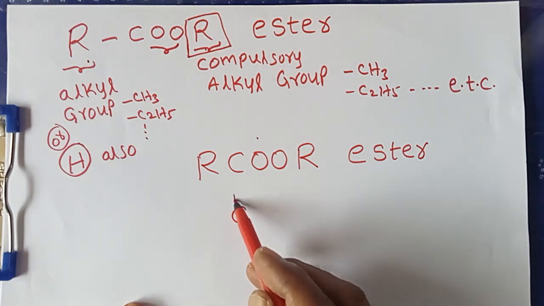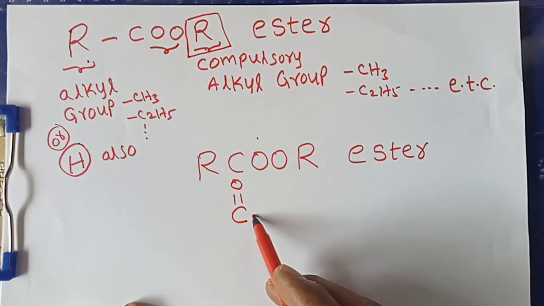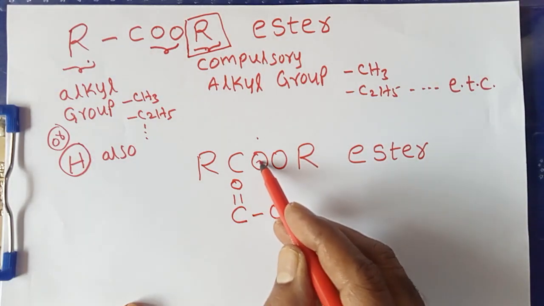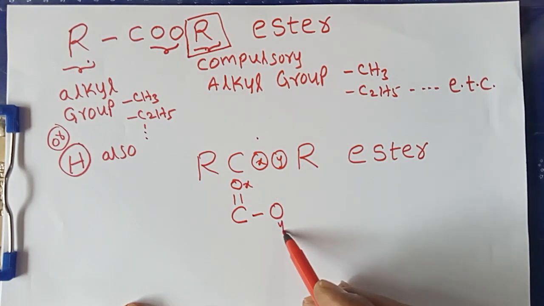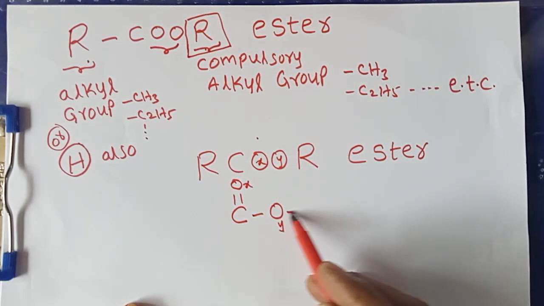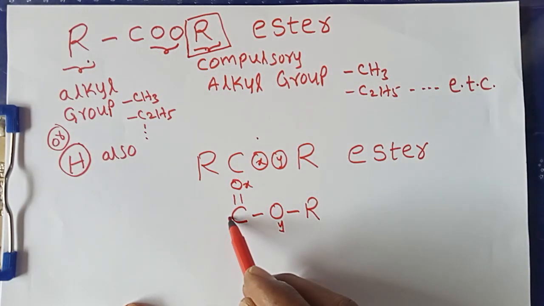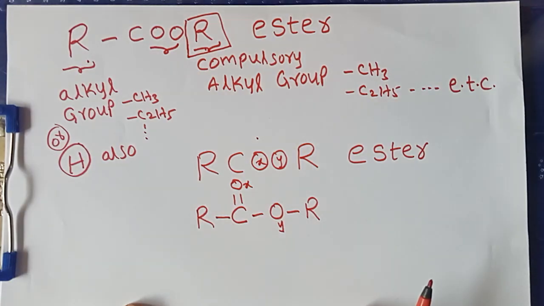One oxygen is a double bond O, one oxygen is a single bond O. For example, this is X oxygen, this is Y oxygen. The Y oxygen connects to R, and this carbon connects to this R. So this is the complete structure.